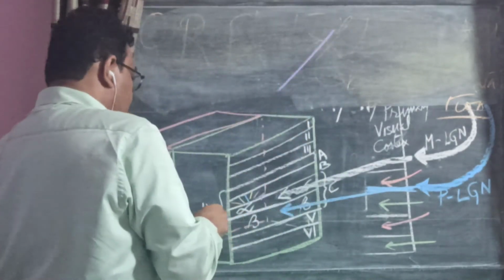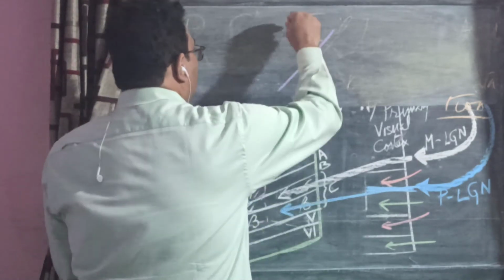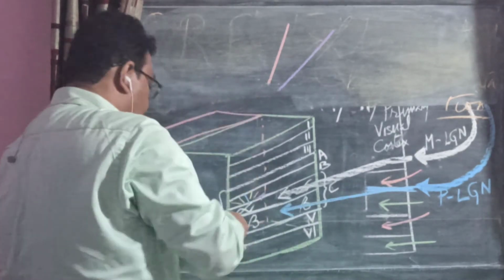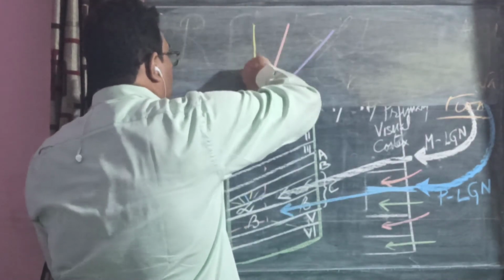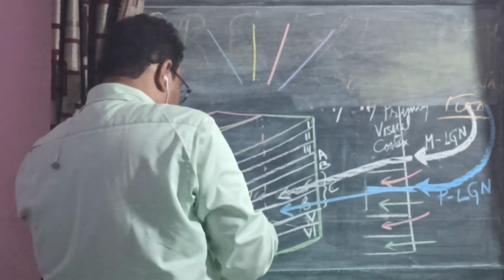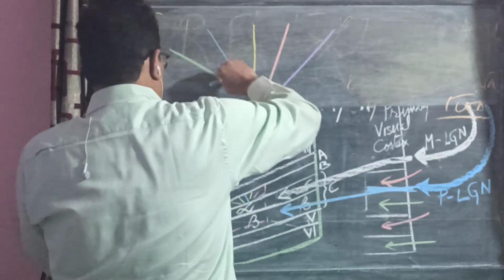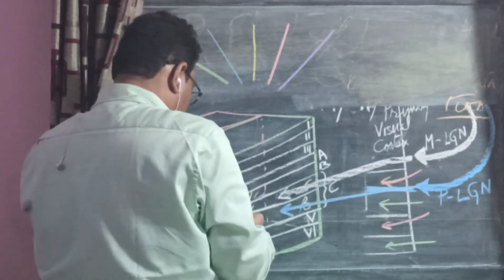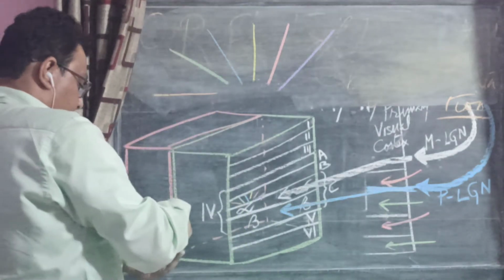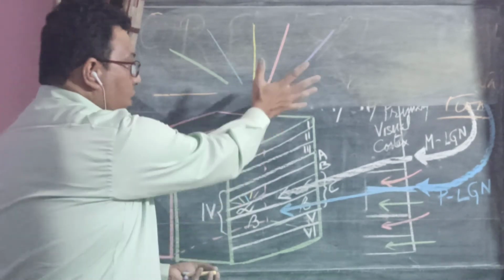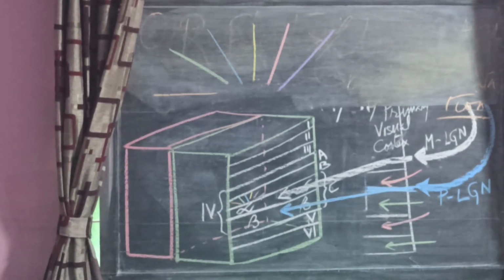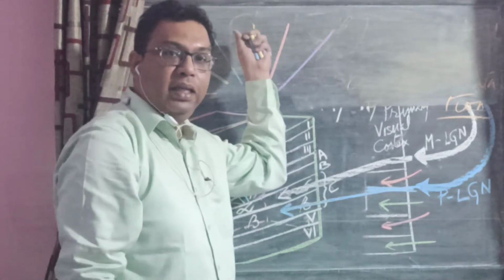Some will be stimulated by this orientation, some by this orientation, some by this, and so there will be cells here which will be stimulated by the orientation of their receptive field.